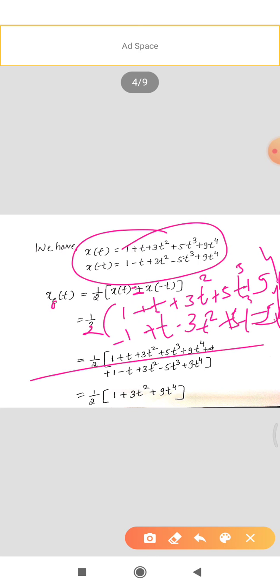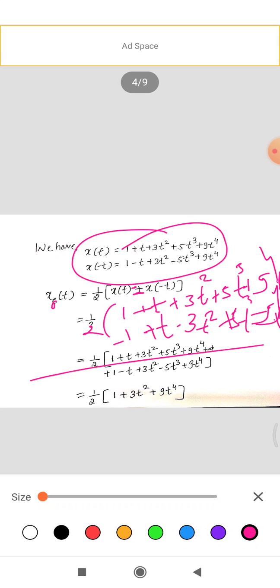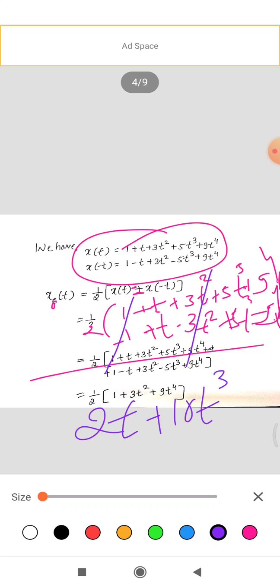Then add this. 1 minus 1 gets cancelled, t plus t will be 2t, then 3t square minus 3t square gets cancelled, 5t cube plus 5t cube will be 10t cube, and 9t raised to 4 minus 9t raised to 4 gets cancelled. 1 by 2 is there, let's send this inside.